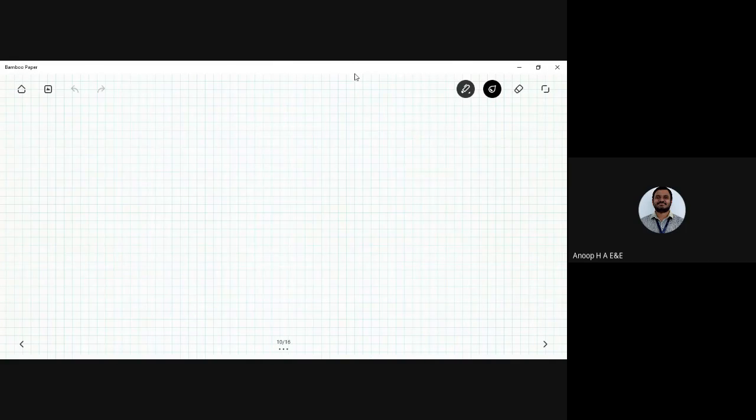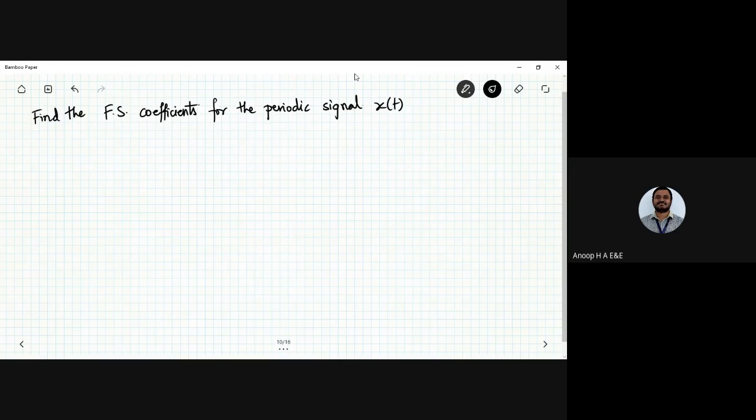Make a note of it. Find the Fourier series coefficients, I'll write it as Fs for Fourier series coefficients, for the periodic signal x of t with period 2, given by x of t equals e power minus t for t from minus 1 to plus 1.